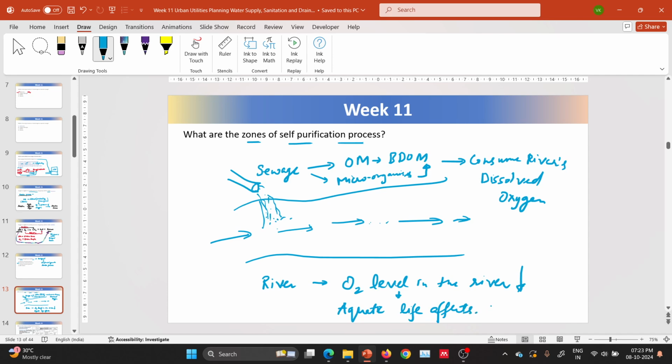Aquatic life is affected because fish need at least 4 milligrams per liter of dissolved oxygen in the water to survive.